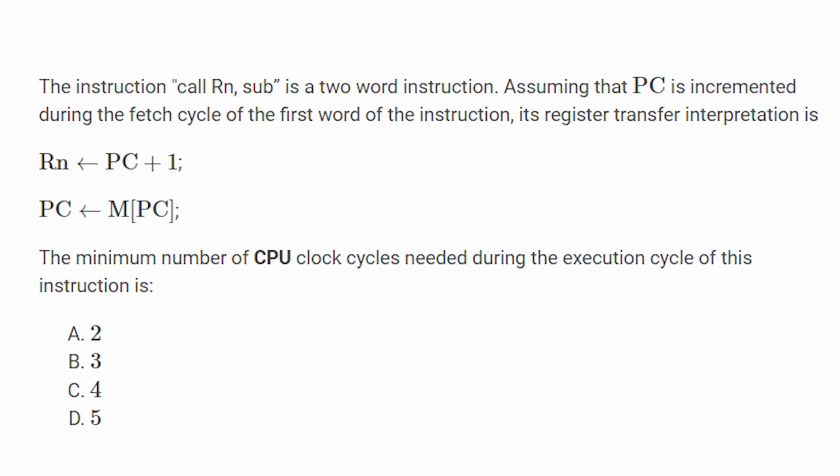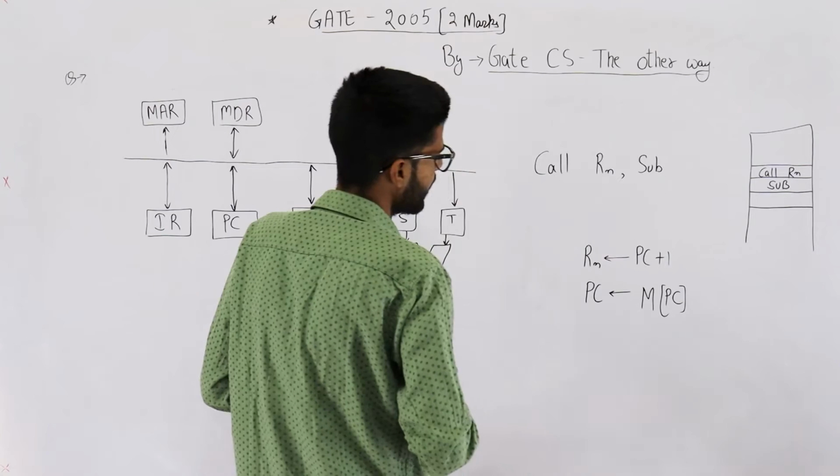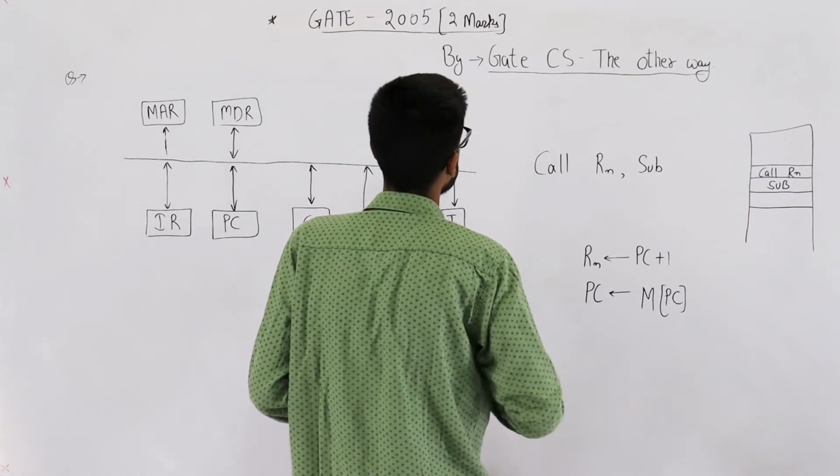Its register transfer interpretation is Rn is loaded with PC plus 1 and PC is loaded with memory at location PC. The minimum number of clock cycles needed during the execution cycle of the instruction is. Okay, so this is the instruction that we are given in the question and this is how it's interpreted.